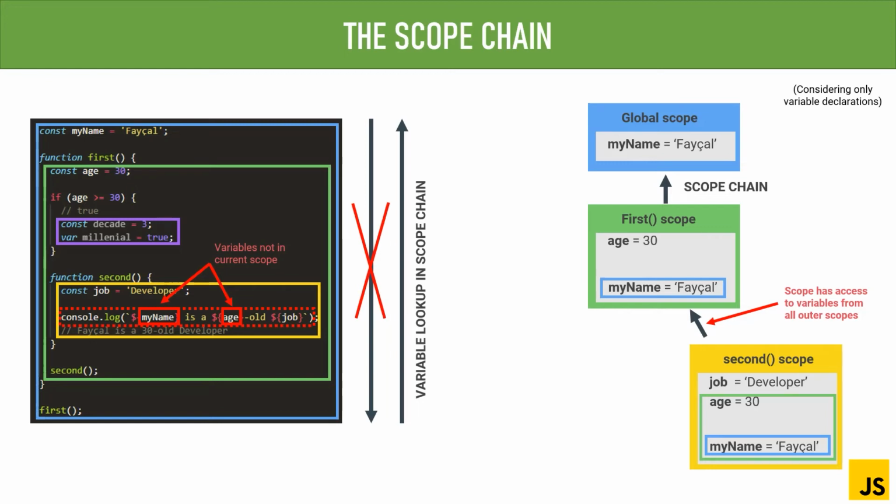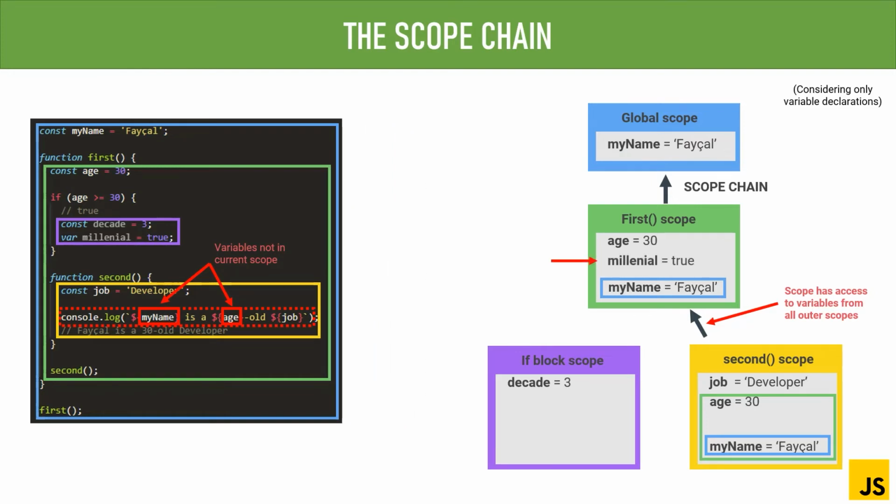That's why the only variable in this scope is the decade variable. The millennial variable isn't declared with const or let, and therefore it is not scoped to just this block. Instead, the millennial variable is actually part of the first function scope.